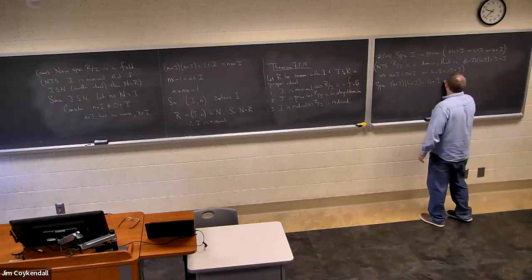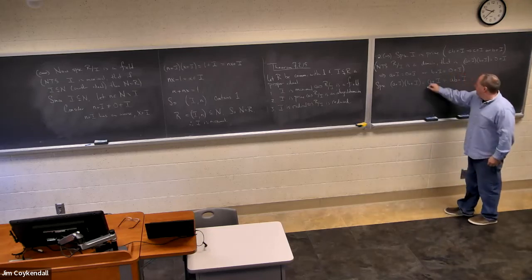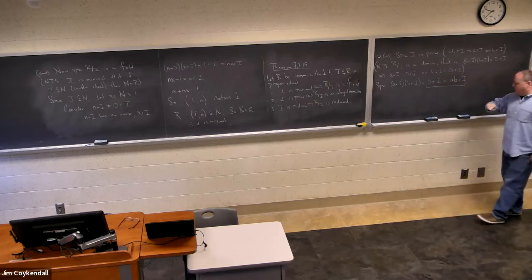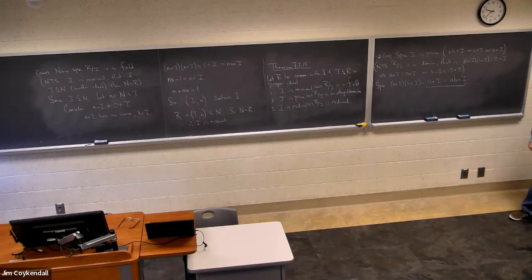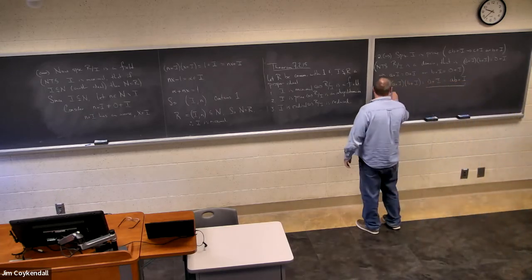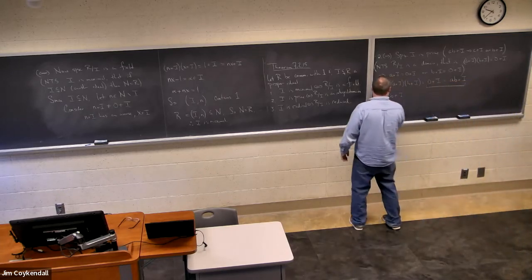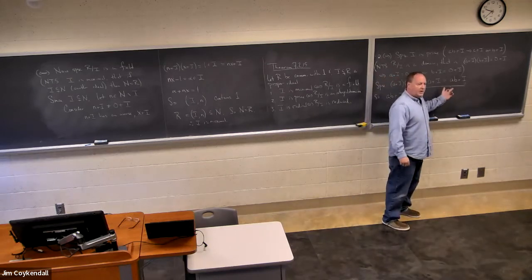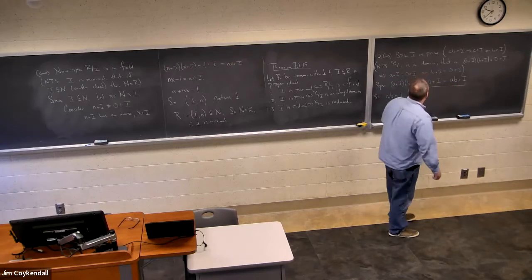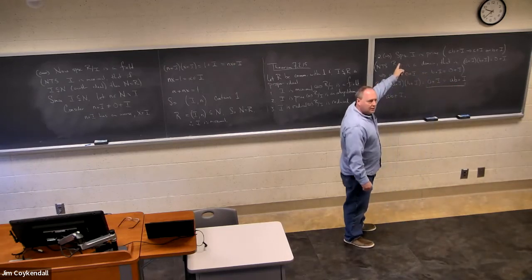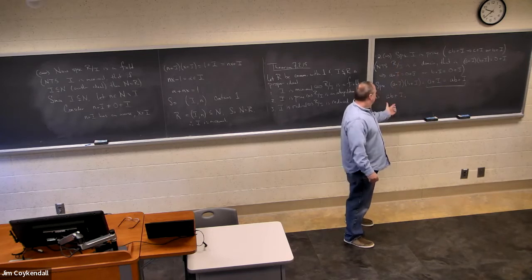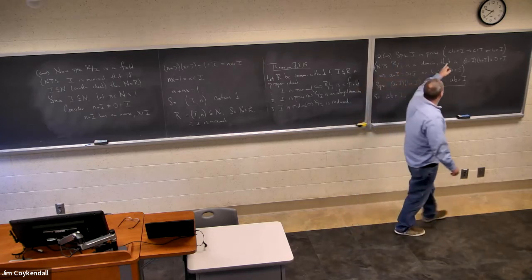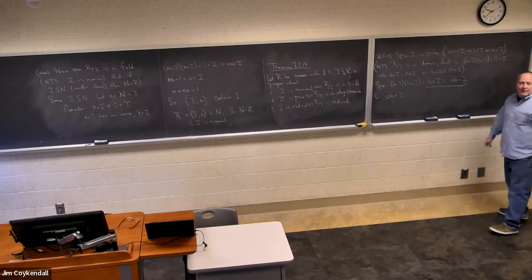Now notice that I can write this as ab plus I equals 0 plus I. And what does this equality tell you? ab is in I. For ab plus I to be 0 plus I, that means that ab has to live in I. But what do we know about I? We know it's prime, and the product of two things living in I means one of them has to live in I.